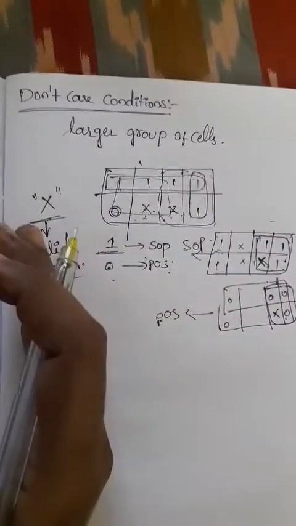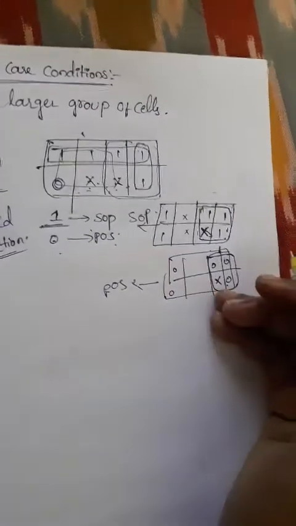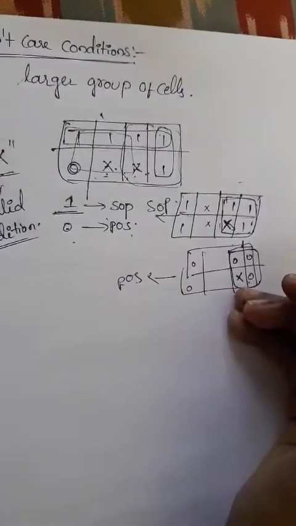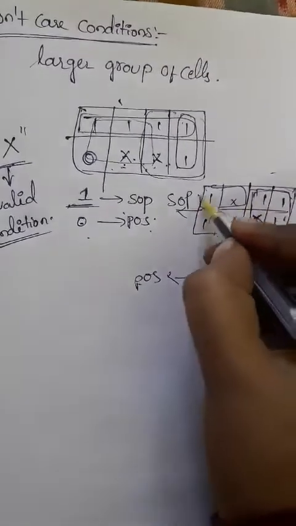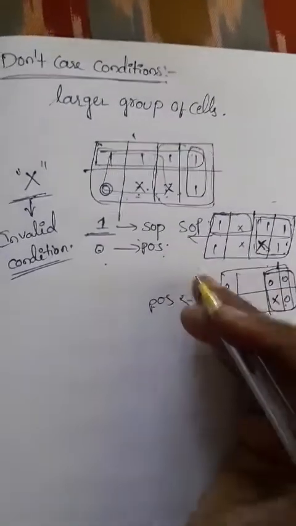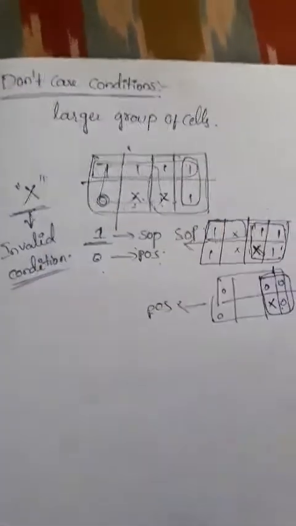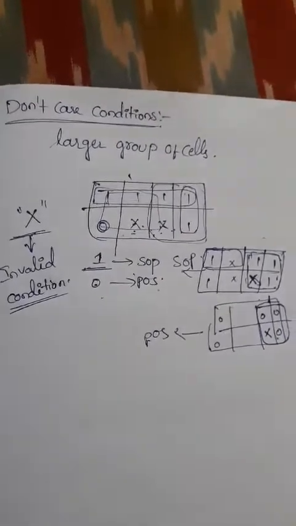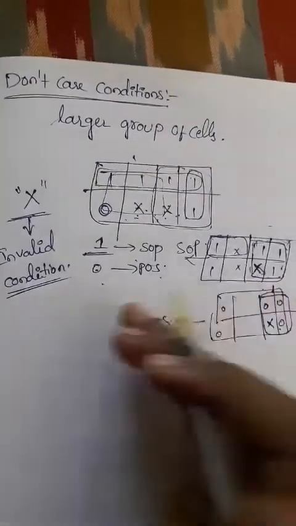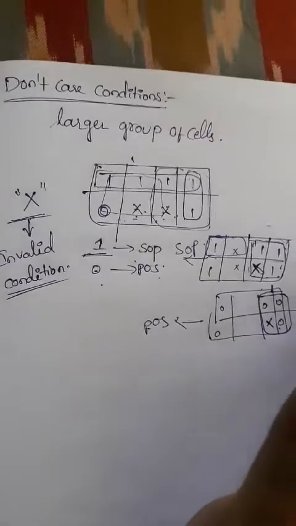These invalid conditions also help to group quad cells or maybe octet cells, or maybe pair with a double also like this. So sometimes the don't care conditions help to form a larger group of cells, and we consider the don't care condition for grouping the cells in some cases.